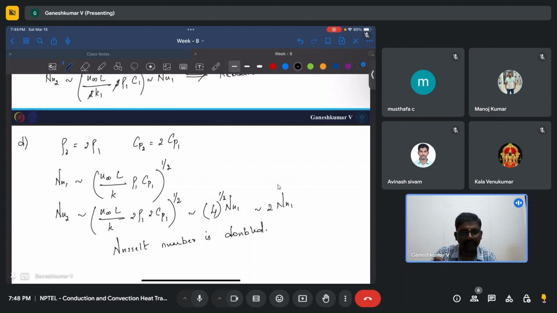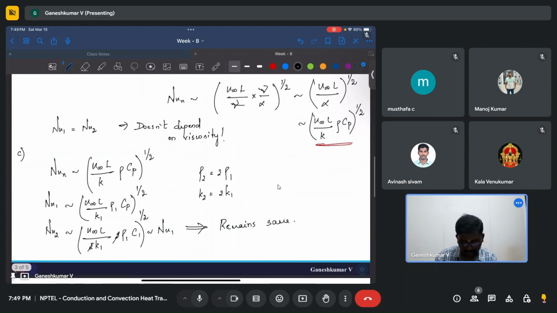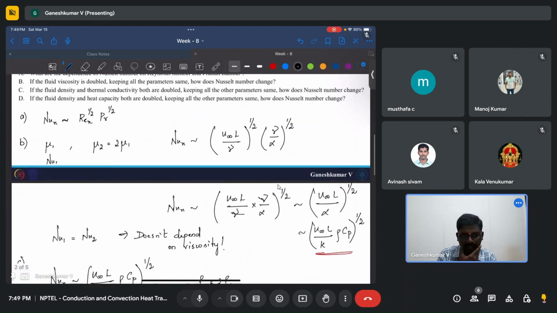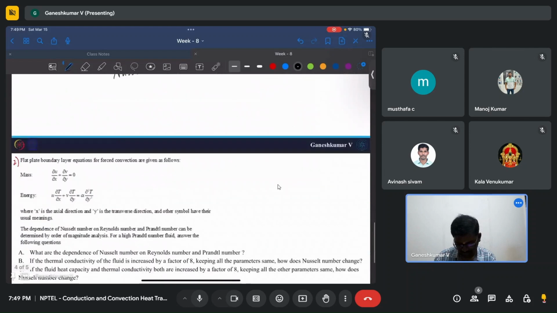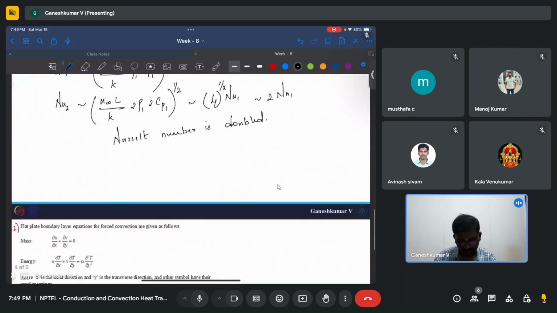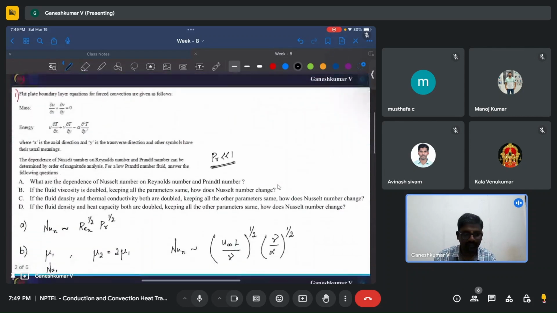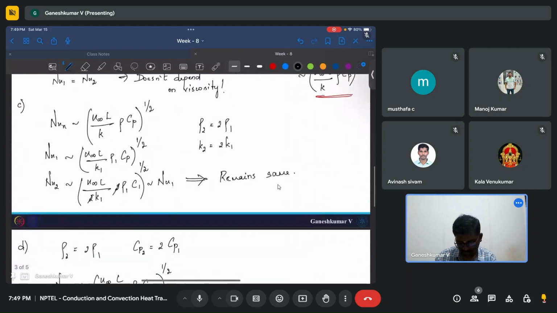If you change the Cp, it is going to increase it further. That's why we have 2 times the Nusselt number. The same doesn't go with fluid density and thermal conductivity. All right. I hope this is very clear, very simple.